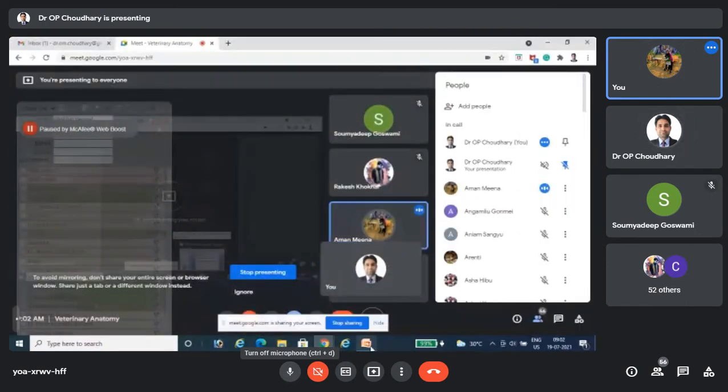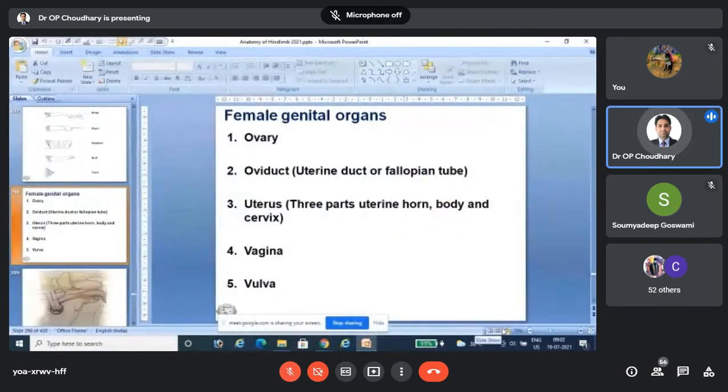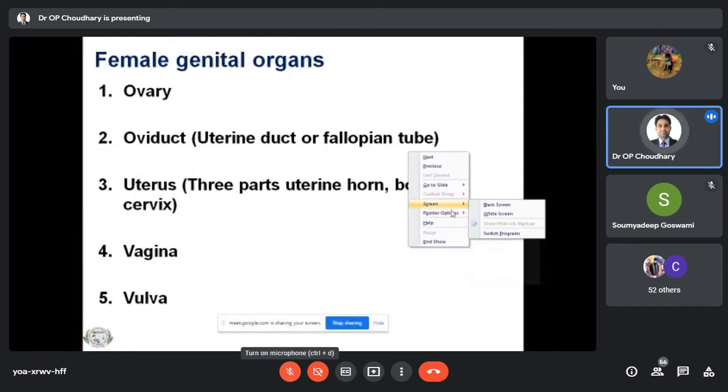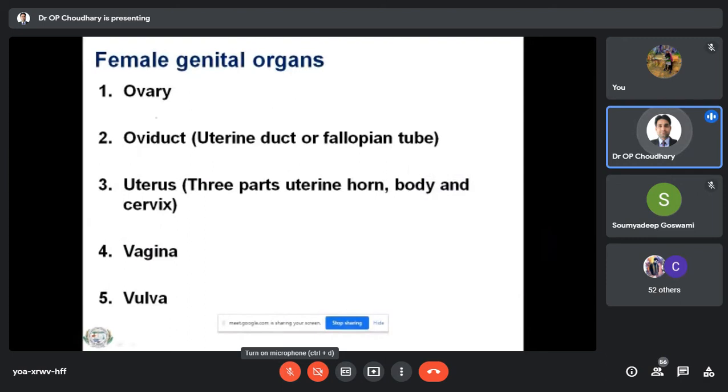Okay. So today I will go through the female genital organs, and these female genital organs are mainly composed of 5 parts. So first one is the ovary.